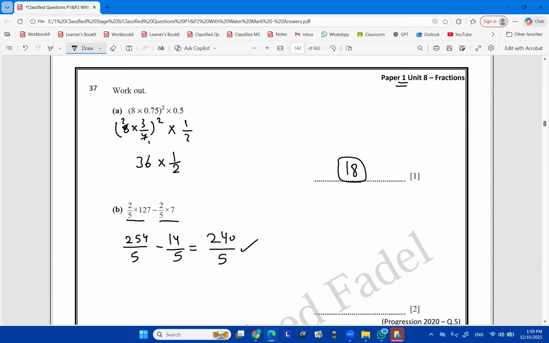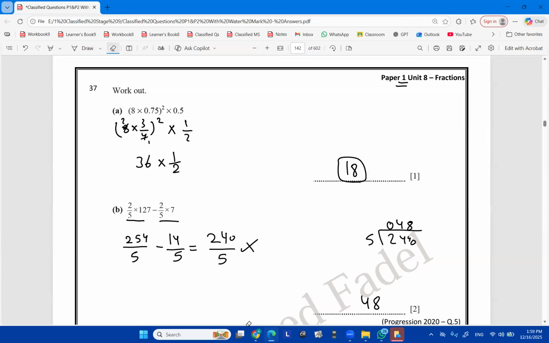You need to finish the division. 240 divided by 5. 5 goes into 2, 0. But it goes into 24 4 times, and remains 4. So 5 goes into 40 8 times. So 240 divided by 5 is 48.